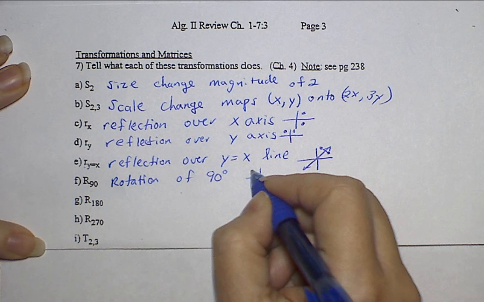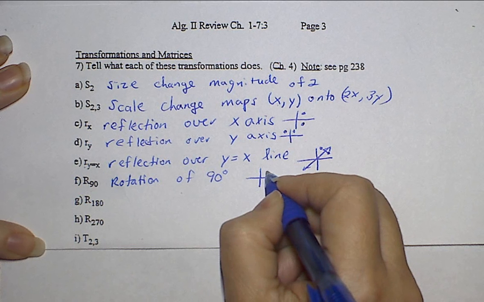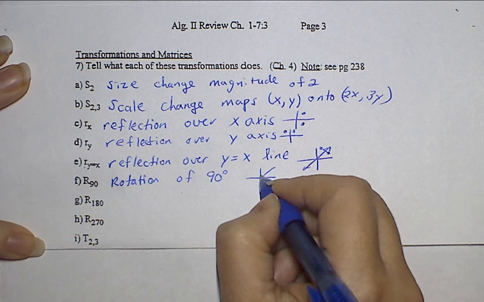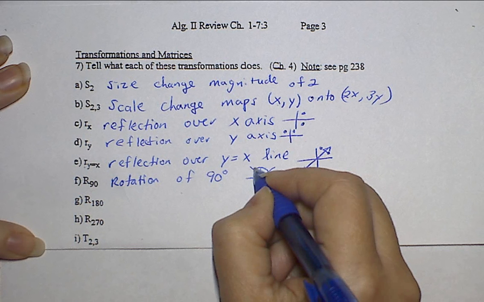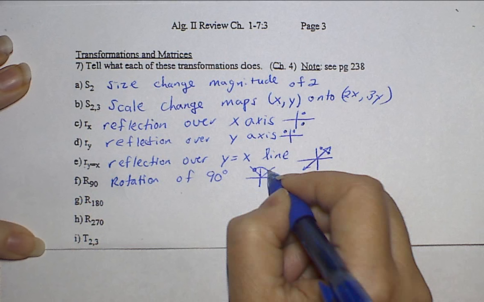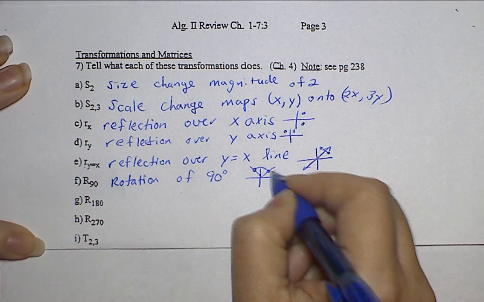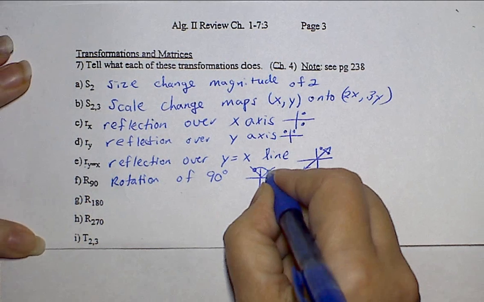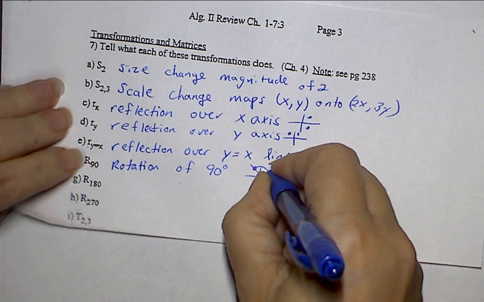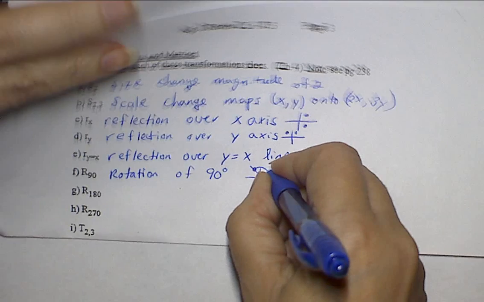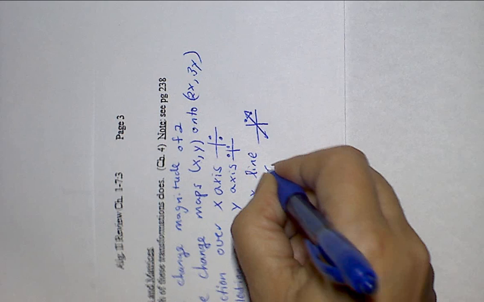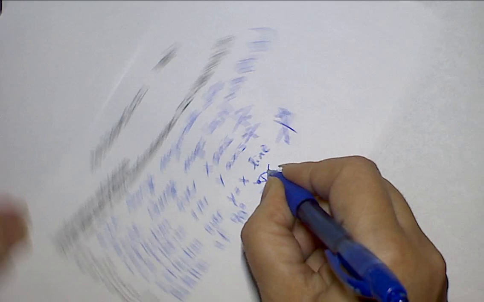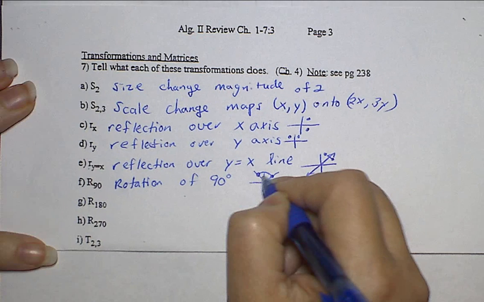So you would start here and rotate it 90 degrees, and it'd be over here. It's like you're starting here and then you turn your paper, rotating it 90 degrees. So it would be over in the second quadrant, right there.